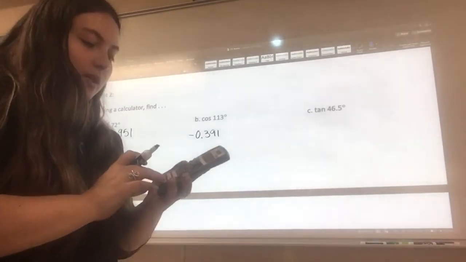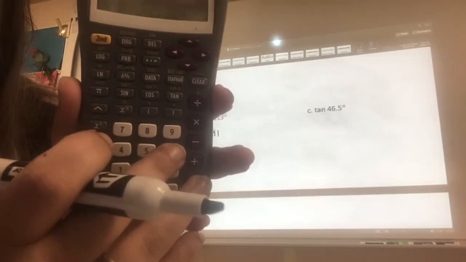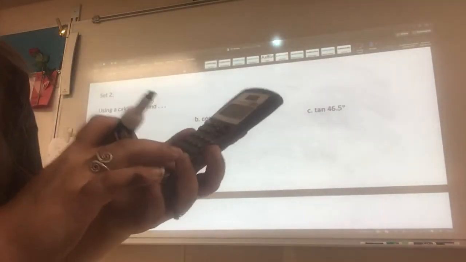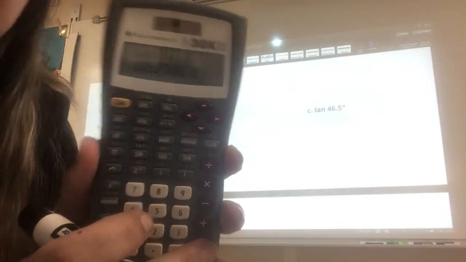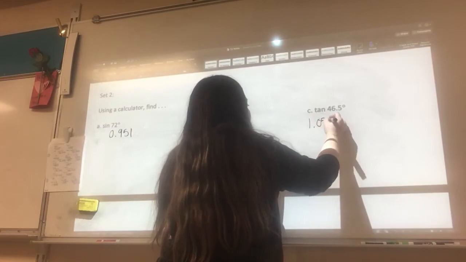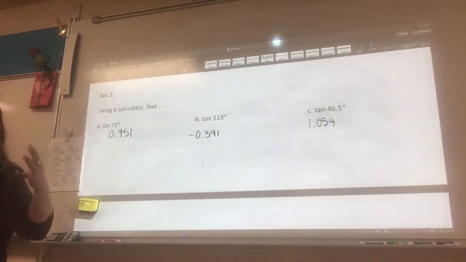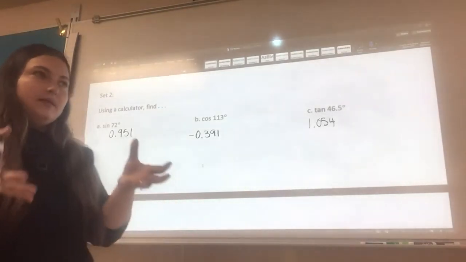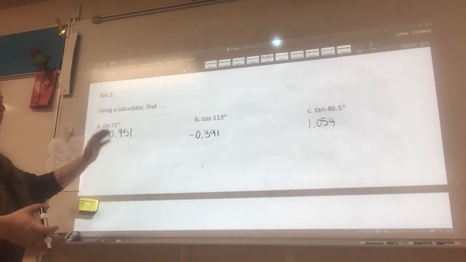And then our last one of tangent, which is right next to the cosine. So tangent of 46.5. And we press enter. And there you go. You get 1.054. So what we're doing here is we're now solving for actual variables. We're seeing that we can plug them into your calculator.